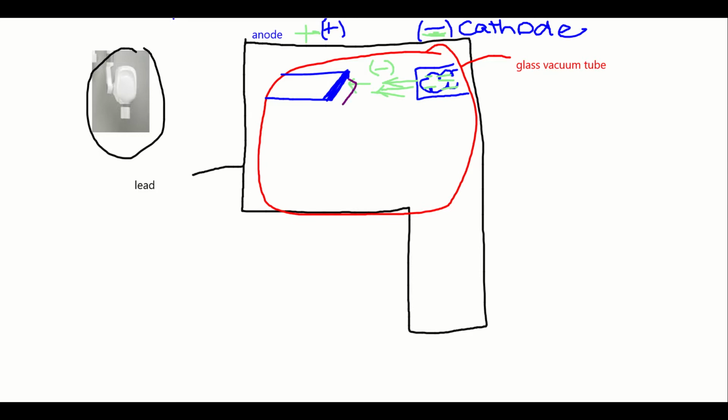We attach it to the outside of the anode so that when the electrons hit this piece of metal, and this piece of metal is made out of tungsten. Tungsten is a type of metal that has a very high melting point.